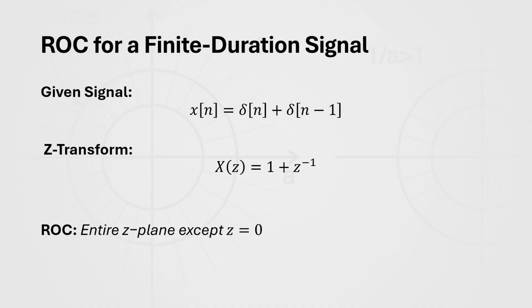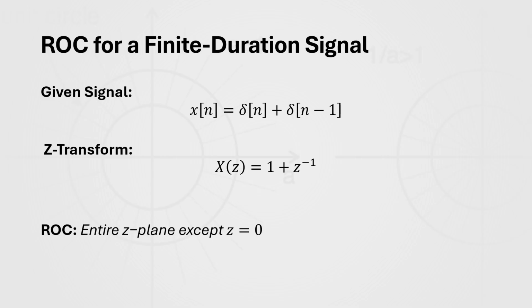Finally, let's look at finite duration signals. Suppose the signal is non-zero only for a limited range, say n equal minus n1 to n equal n2. Its z transform will be a polynomial in z and z inverse, with no infinite issues except possibly at z equals 0 or infinity.